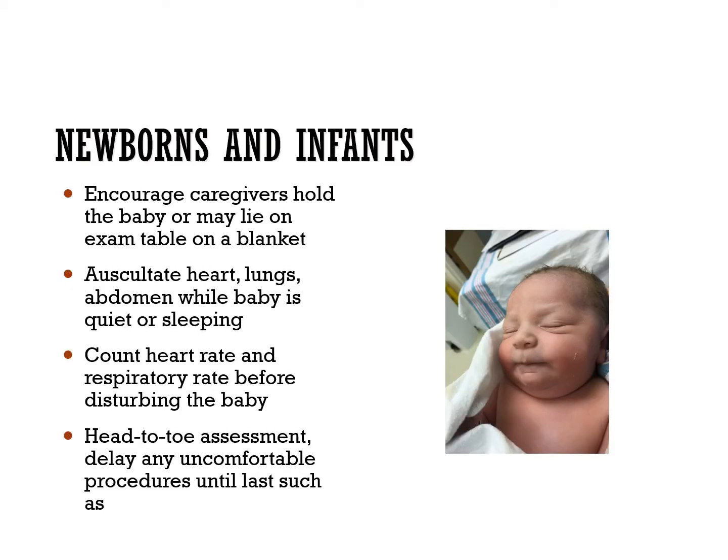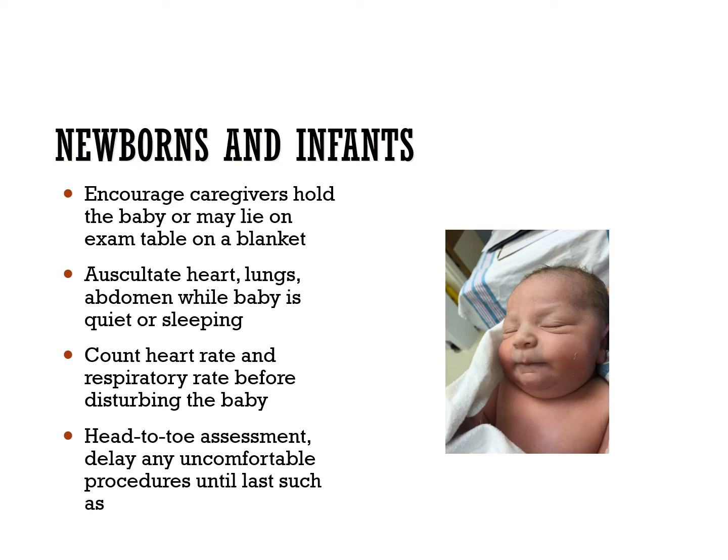Assessment of newborns and infants. Encourage caregivers to either hold older infants in their lap, or newborns especially. It may be easier to examine them if they are on an examination table, perhaps on a warm blanket.